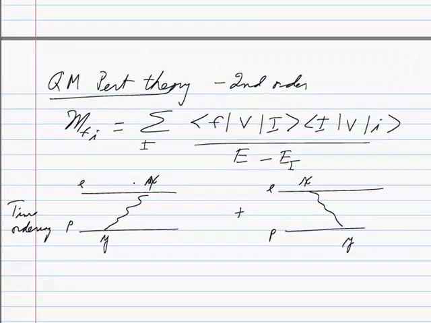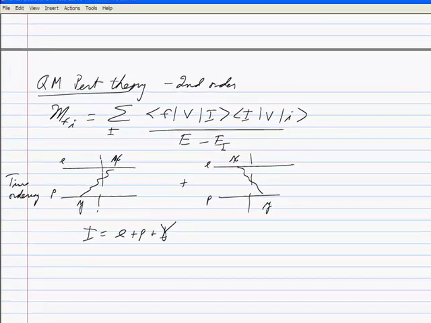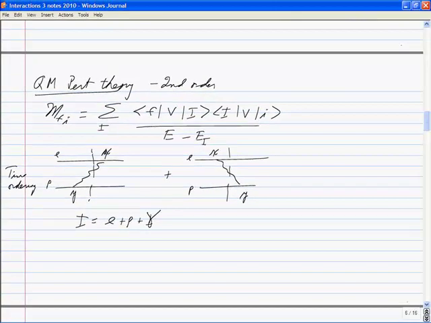So the intermediate state is an electron plus a proton plus a photon. If you really work this out in all gory detail, every time I hit this point I'm tempted to do it. It's an instructive calculation, but it's very painful, so I'm not going to do it. You put in the energy differences: the initial state energy and then the energy with the photon.